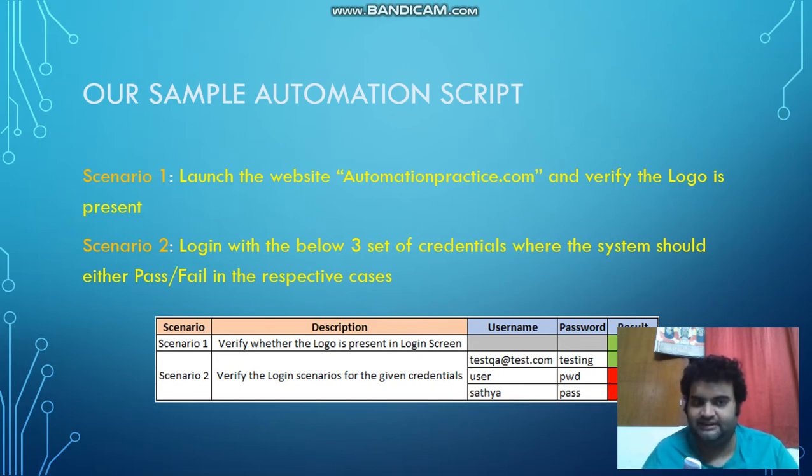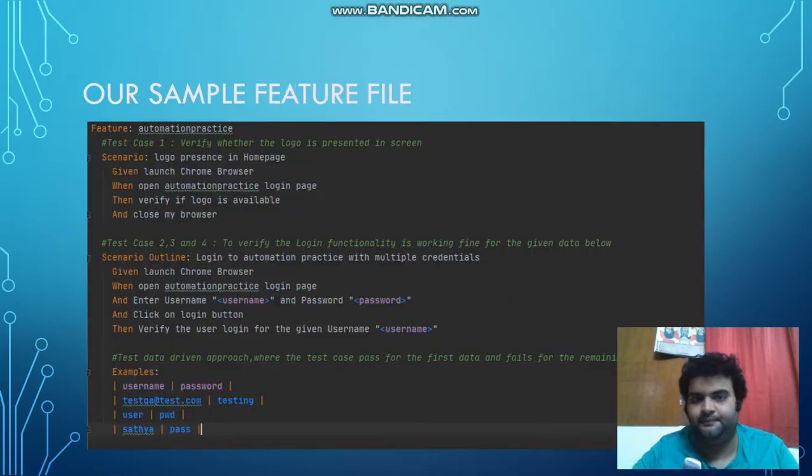That is my first scenario. The second scenario is logging in with the below three credentials and verifying whether the system passes or fails. Scenario 1 will pass, and for scenario 2 my first data will pass while the other two are wrong data, so they fail. So totally we are going to validate two scenarios here.